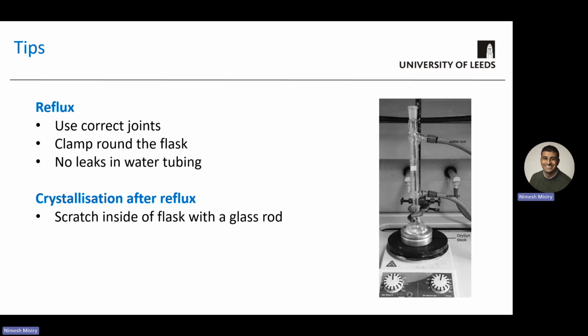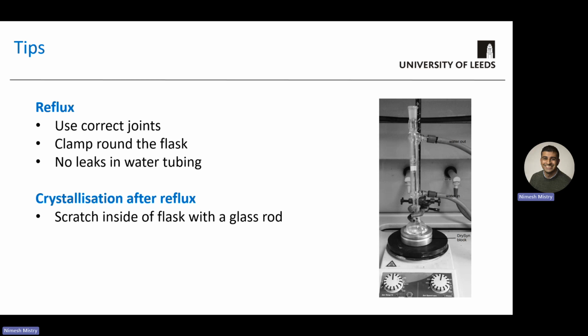The next tip is around the section of the experiment where you cool your reaction after the reflux. You're supposed to get a white precipitate of crude paracetamol that you filter. Often what happens is you need to actually cool your reaction in an ice bowl and scratch it with a glass rod.